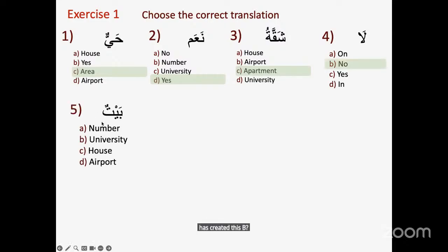It is B. No. There we go. What about the word baytun? That's correct. It is C, a house. Okay.